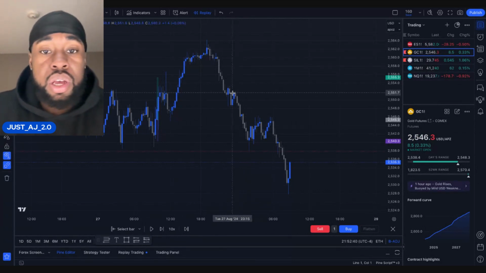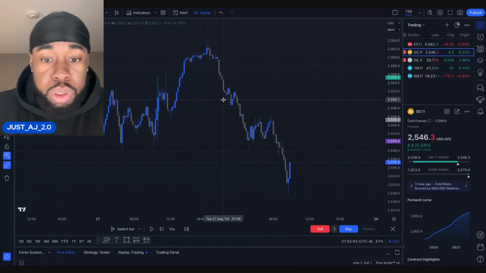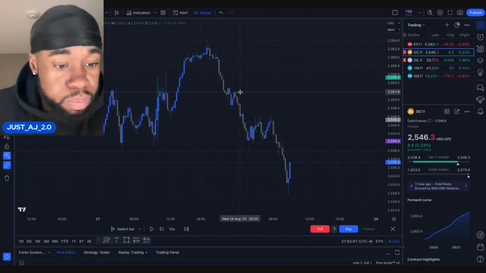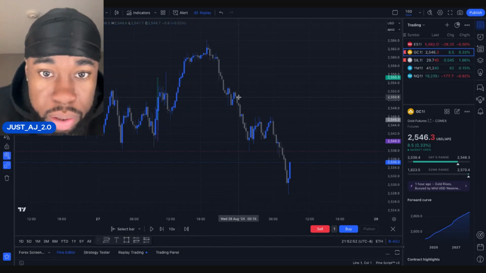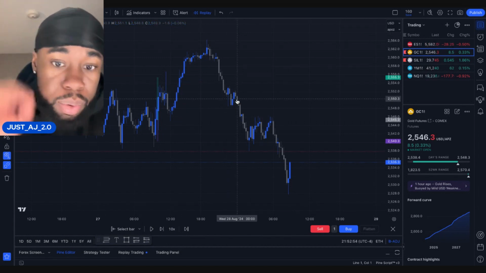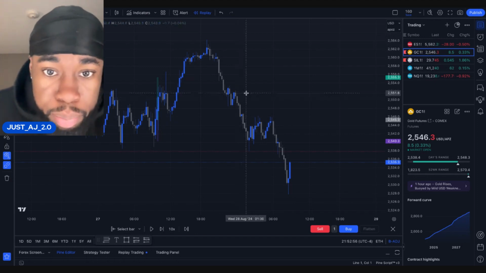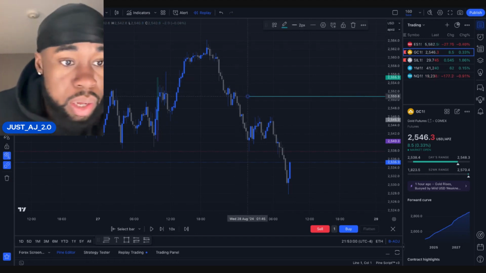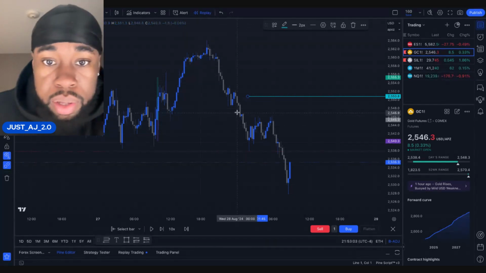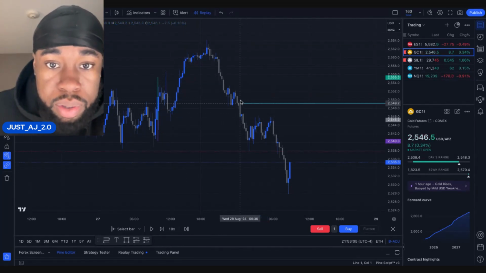So let's first mark the midnight open, which is going to be 0 right here. Let's see here. This should be the midnight open right here. Boom. So we're gonna do that line. Let's put a magnet for the midnight open.